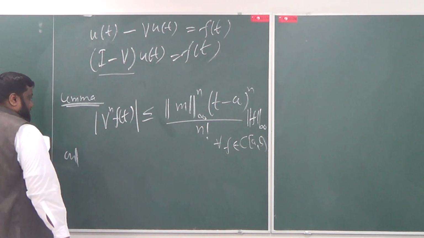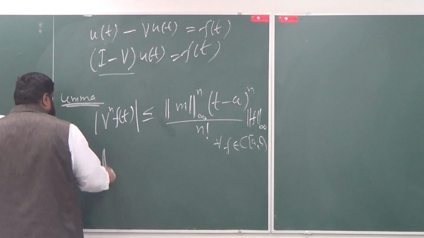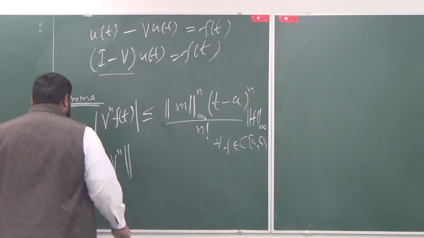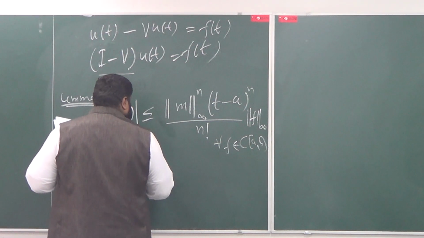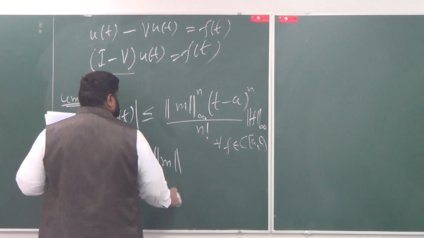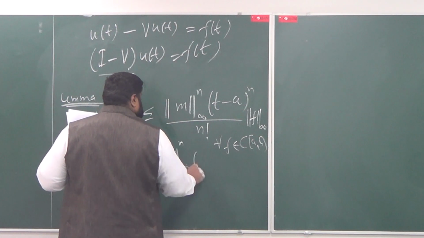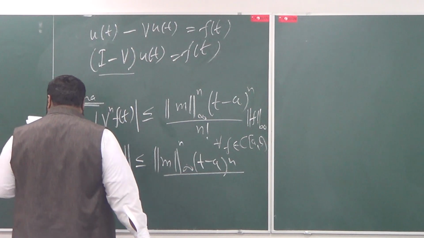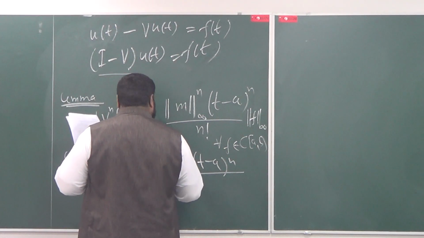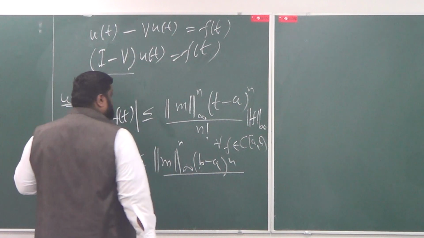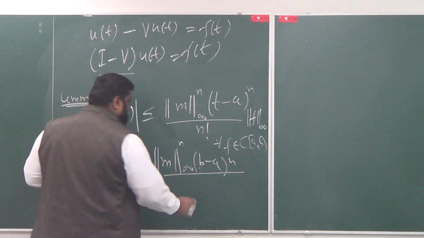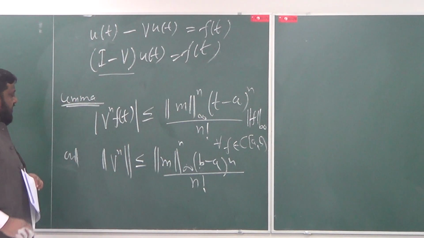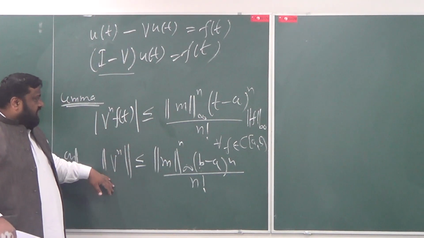As a consequence, the norm of V^n is less than or equal to the infinity norm of M raised to n, times (b minus a)^n over n factorial, since t minus a is smaller than b minus a.